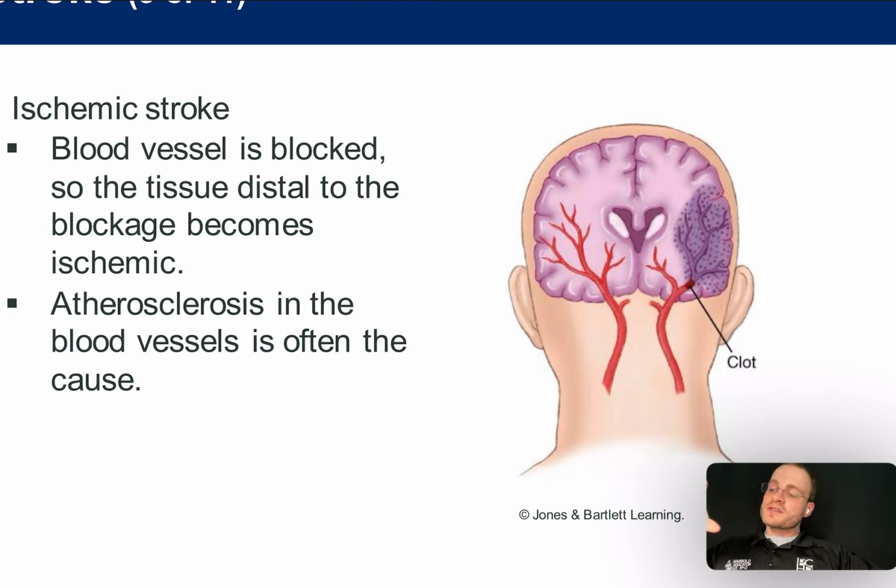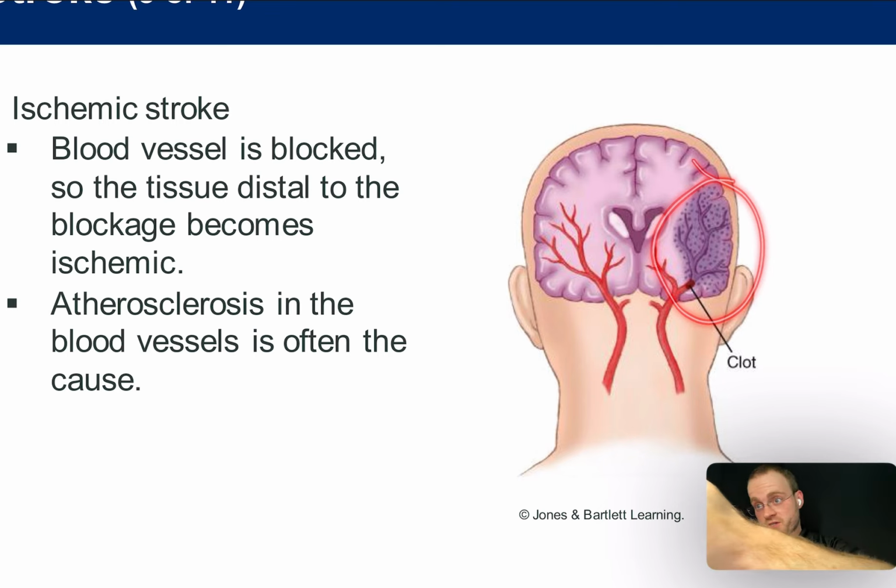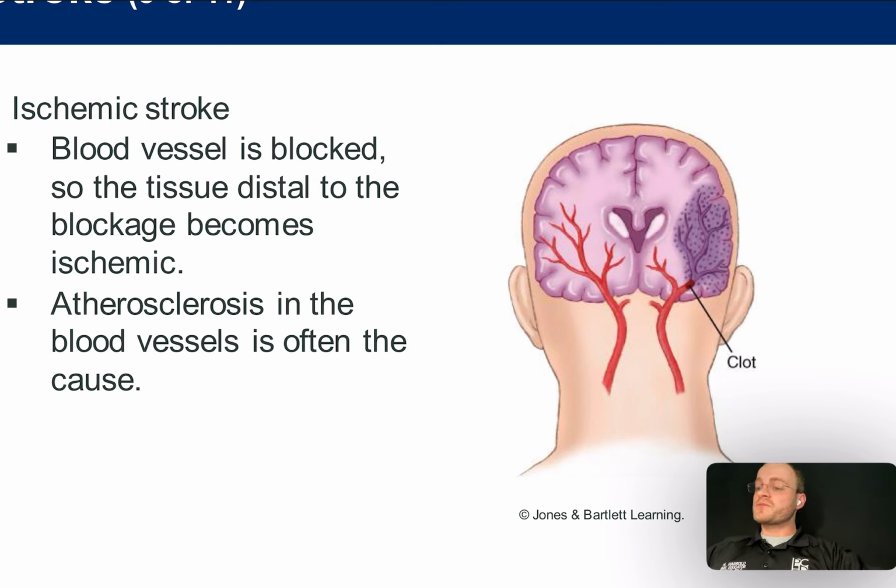We know that the brain can only be ischemic for a few minutes. So if the brain's cut off from oxygen, it's going to be very ischemic for only a few minutes, and then it will infarct. And just like the heart, the brain does not regenerate ever in adults, right? So when this part of the brain dies because of a stroke, it's dead. It's not coming back. It just scars. So for example, in this particular area, this could very well be speech, right?